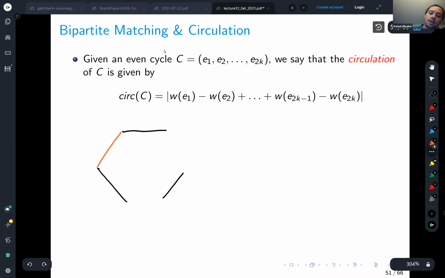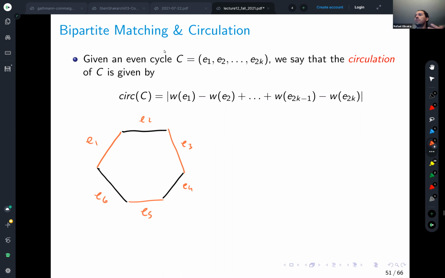It's just because if I have edges E1, E2, E3, E4, E5, and E6 for this cycle, I can define its circulation, and these edges have weights. So we have the weight of edge 1, the weight of edge 2, and so on. If I take this alternating sum and I take the absolute value, I get what is called the circulation of the cycle.